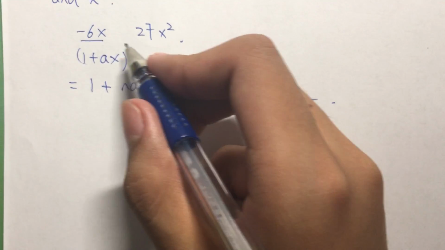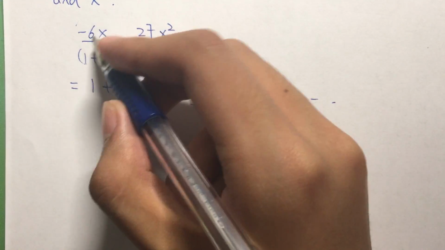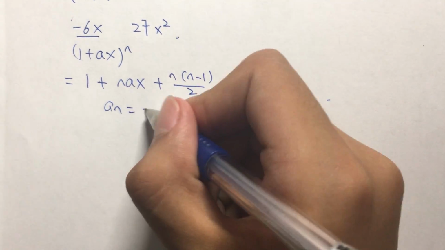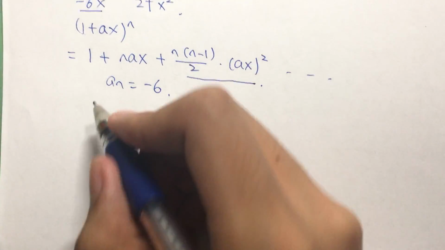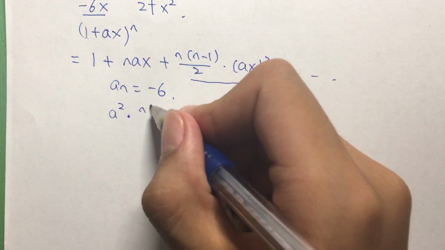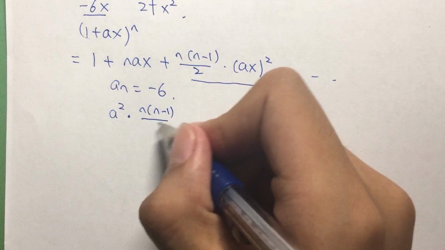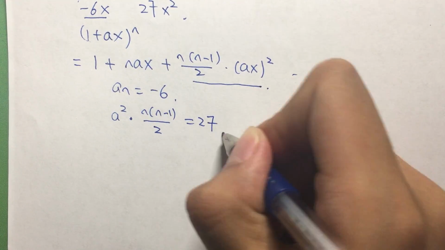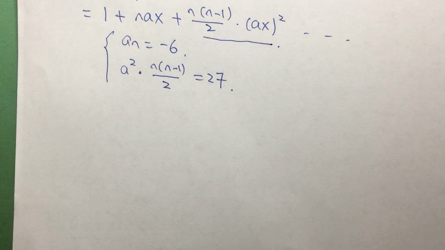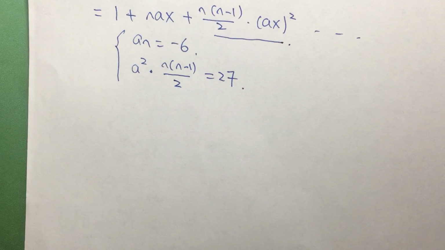Because the coefficient of x is negative 6, an is equal to negative 6. And for x squared, we have a squared times n times (n minus 1) over 2 equal to 27. So these are the two simultaneous equations that we need to solve.